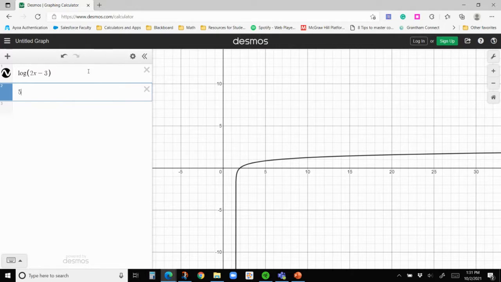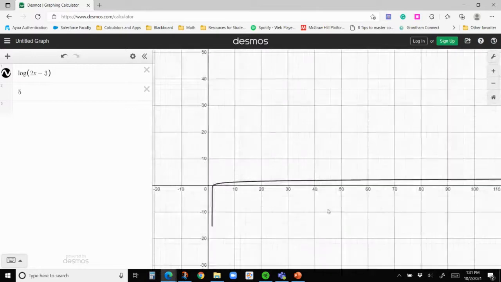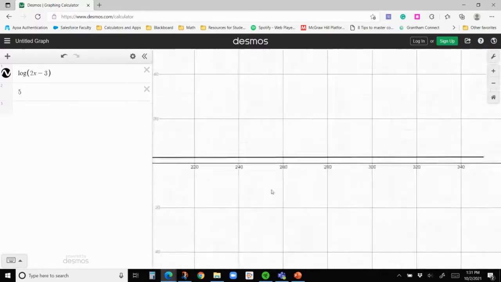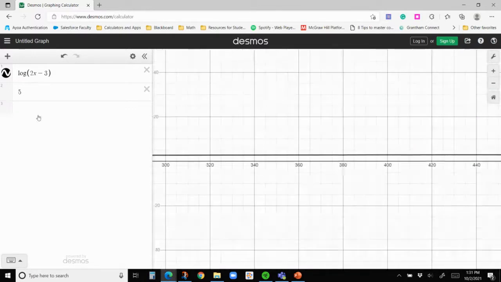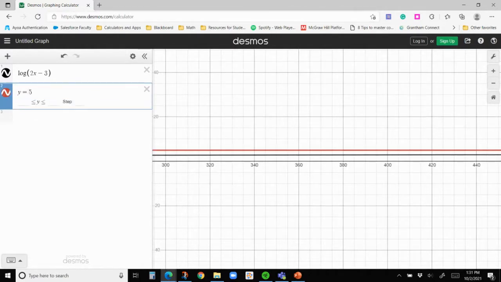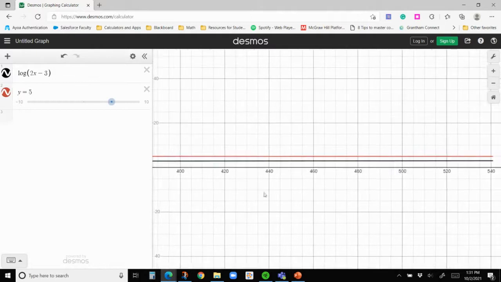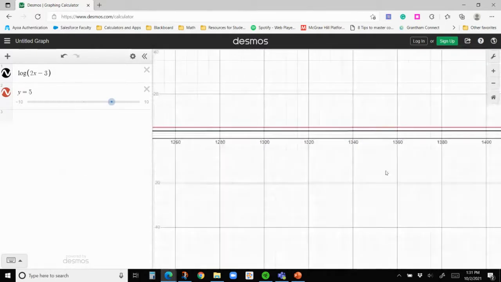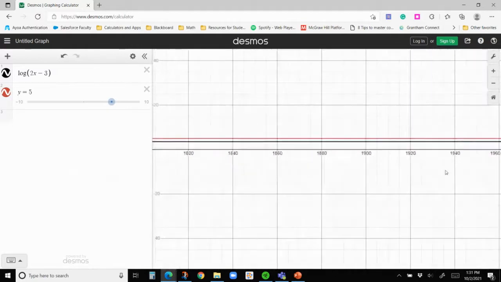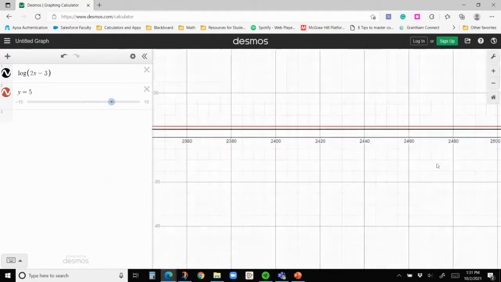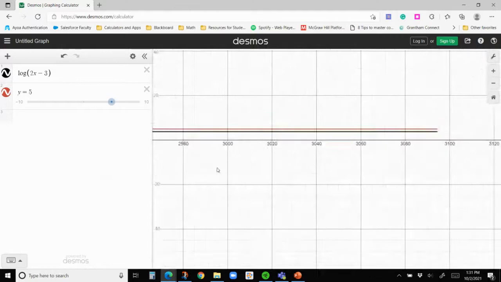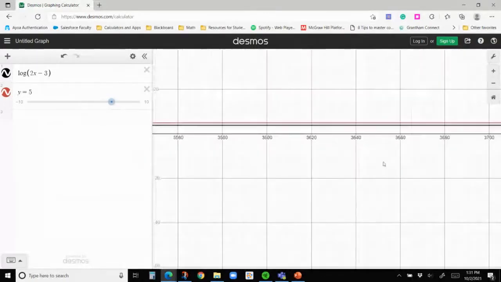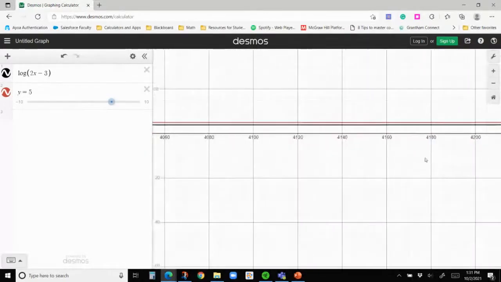So you're looking for where those intersect, and 100,003 divided by 2 is going to be really big, so I might have to actually put y equals 5 here so you can visualize. Okay, so we're looking for where these are crossing, and so we've got a really big number. You can see it's getting closer. The gap between them is getting much smaller.